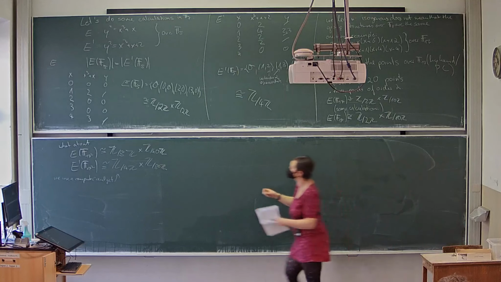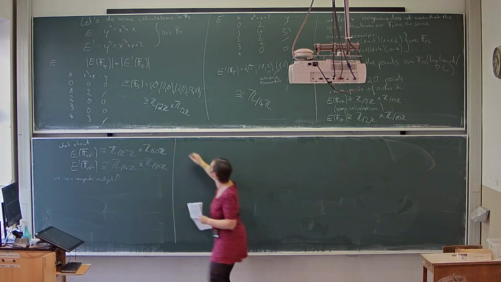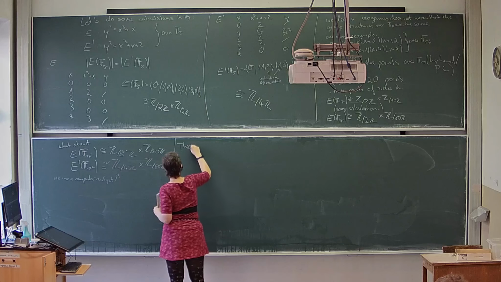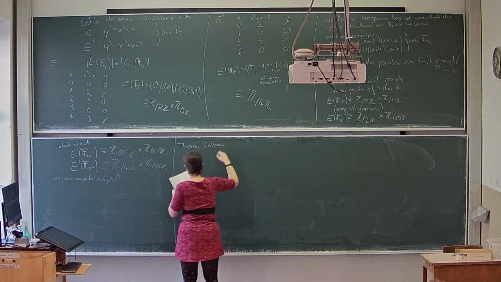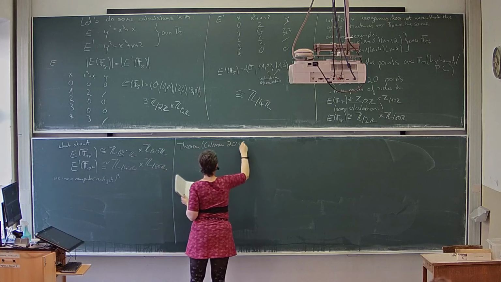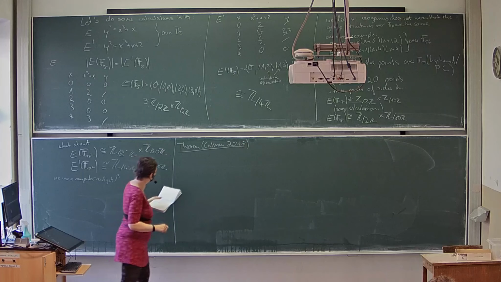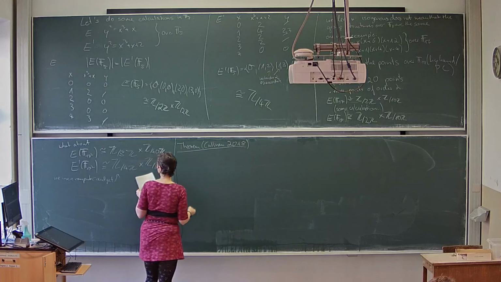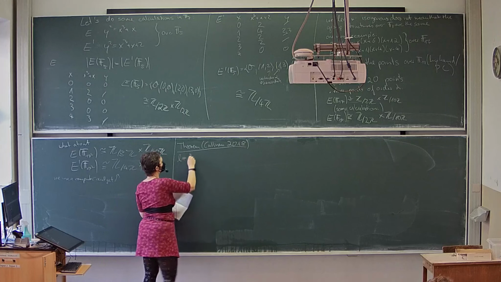So we have a first theorem that answers one of the questions. From 2018, pretty recent for math research. So we have L, a prime number that's not 2.